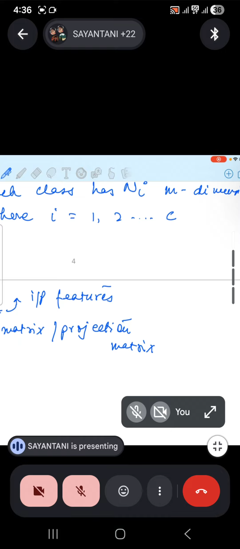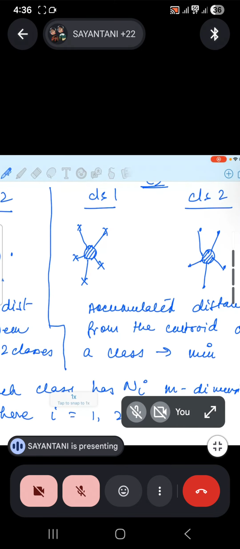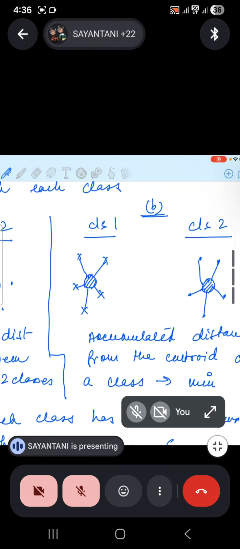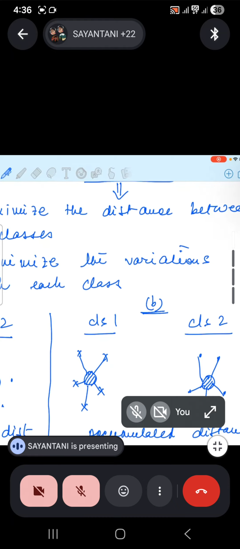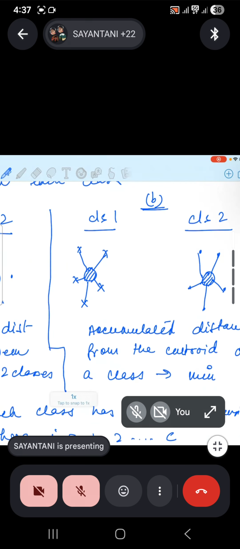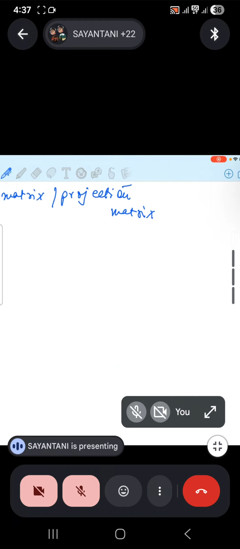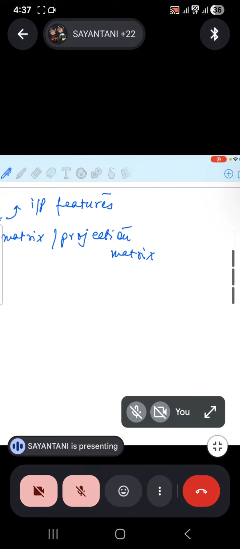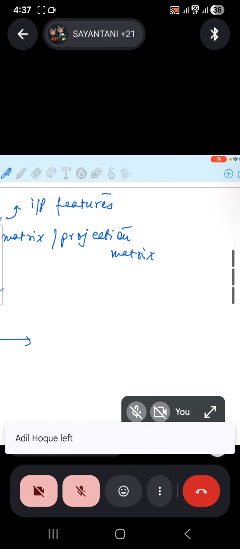So first we have to project this, but only projection is not the objective. Over here, we have to maintain these two criteria, A and B. That is, we have to maximize the between-class distance and minimize the variations within each class. Graphically, suppose this is the projection direction.